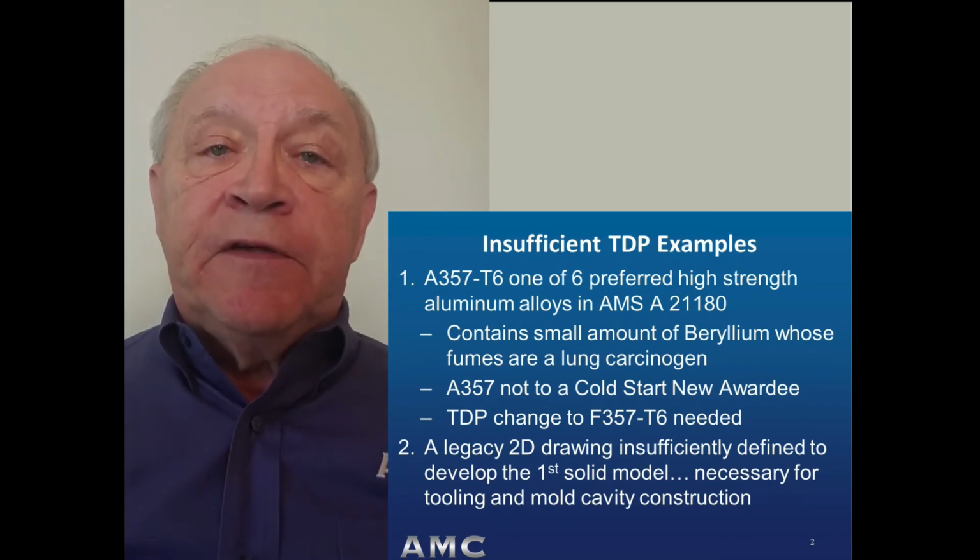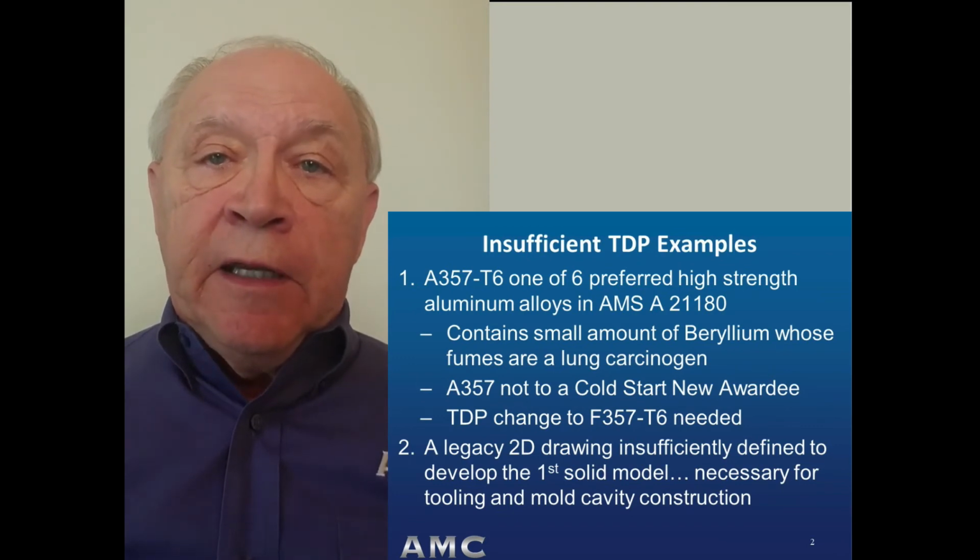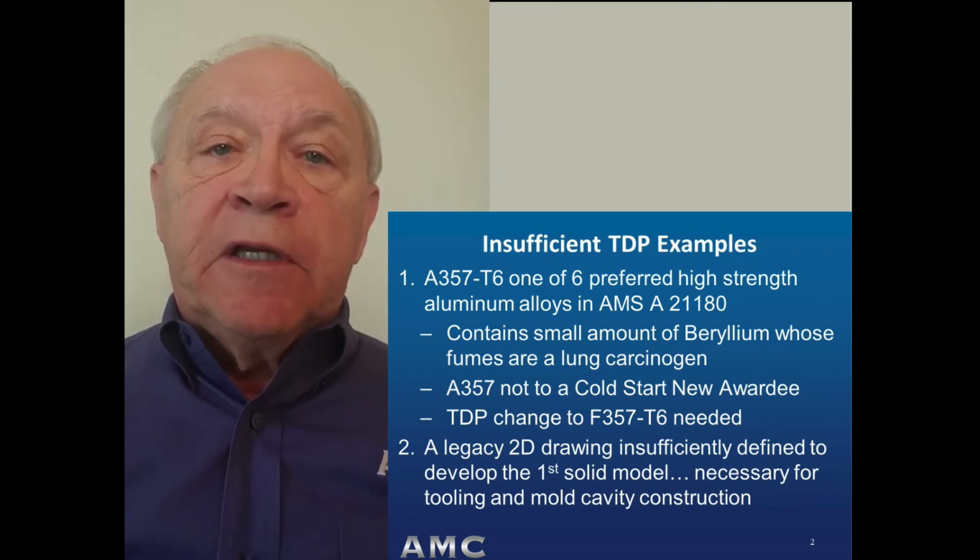However, A357 contains a small amount of beryllium, as does its successor version E357. Beryllium is a known carcinogen and the fumes from melting and pouring alloys containing beryllium is a health hazard among aluminum metal casters.